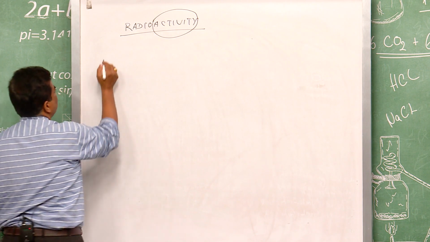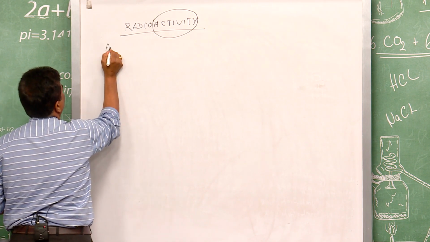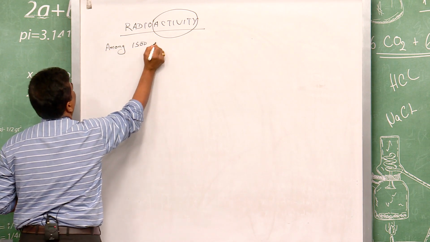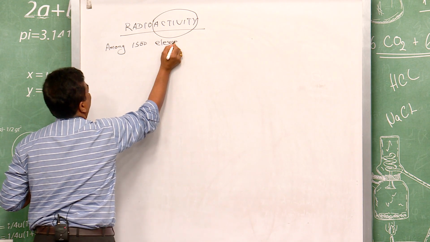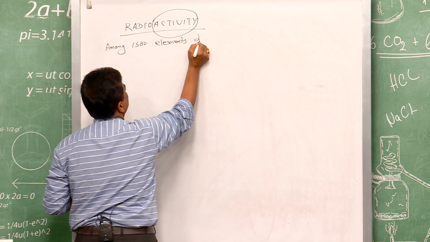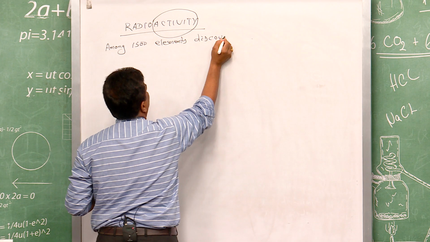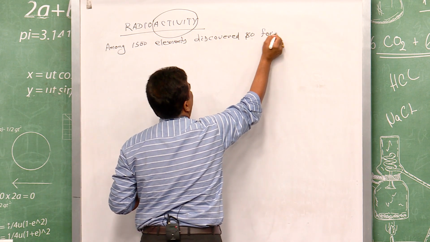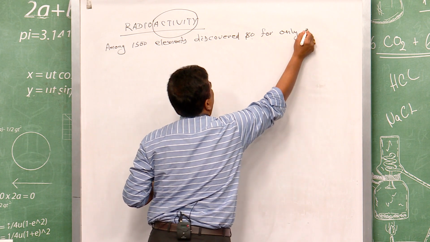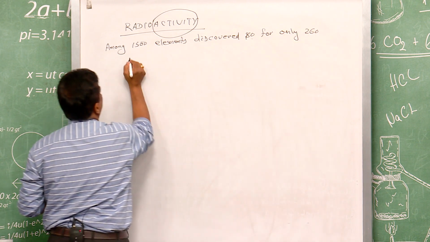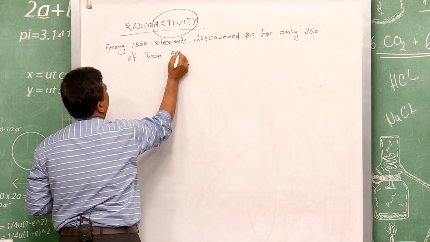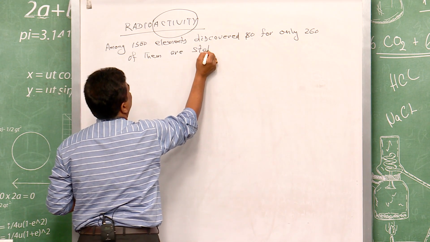So what elements? Among 1500 elements discovered so far, only 260 of them are stable.